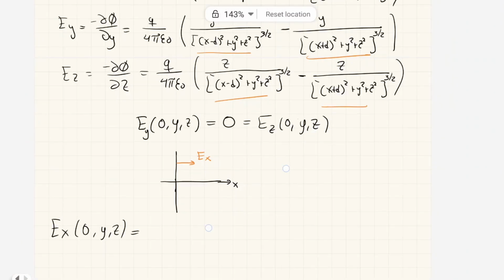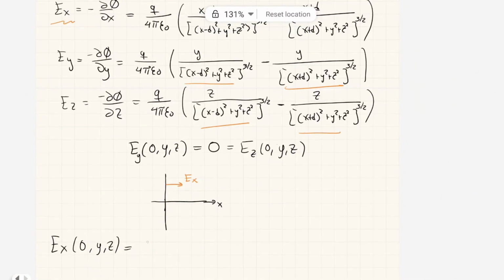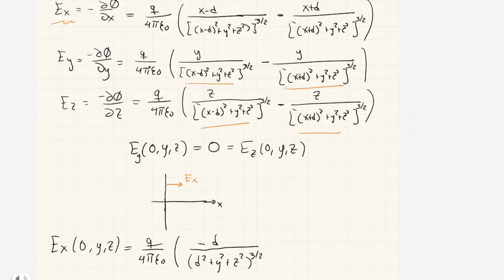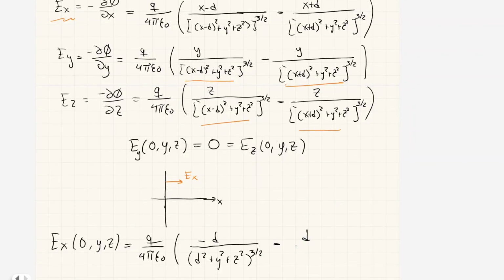So that means that we're going to have Q over 4 pi epsilon 0 times negative d over (d squared plus y squared plus z squared) to the 3 halves, minus another d divided by the same.